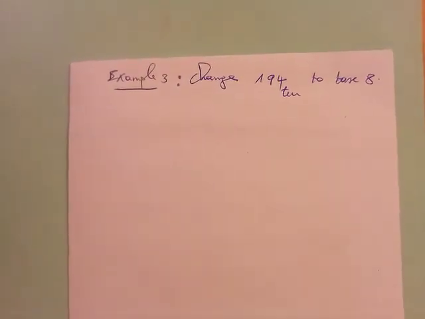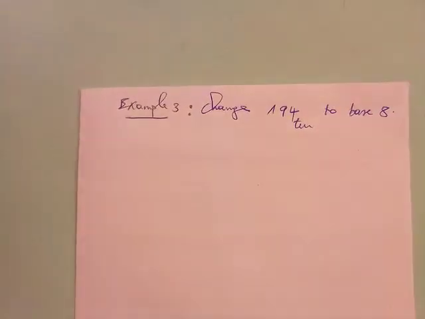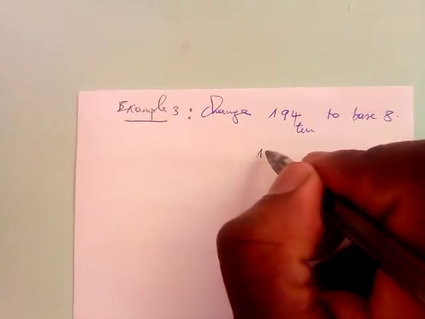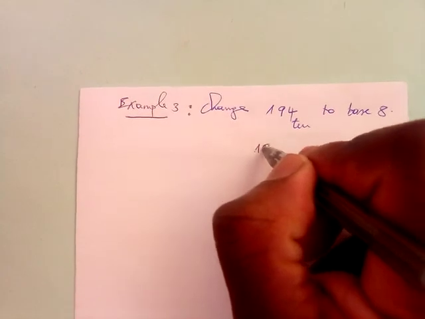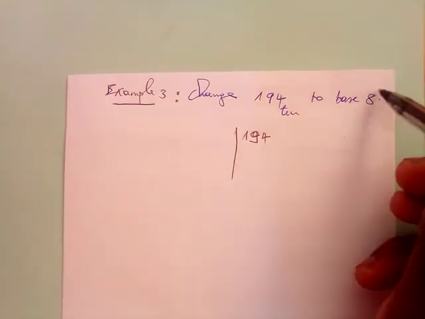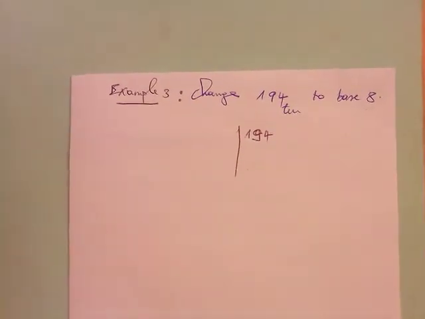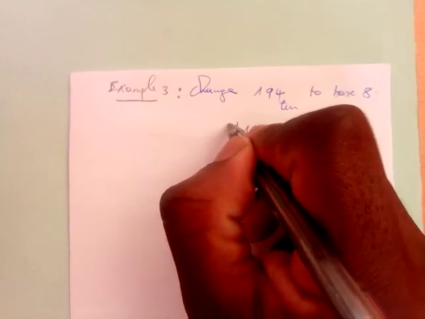Like we did before, we have to divide. We have 194, which will be divided by 8, as we need to change our number into base 8.